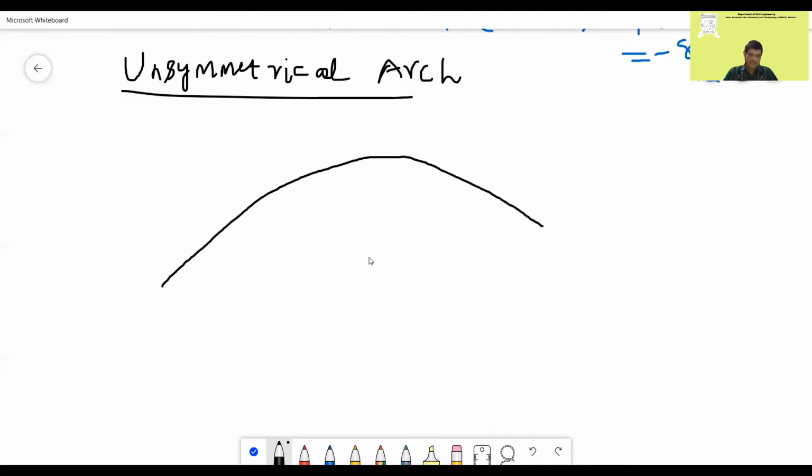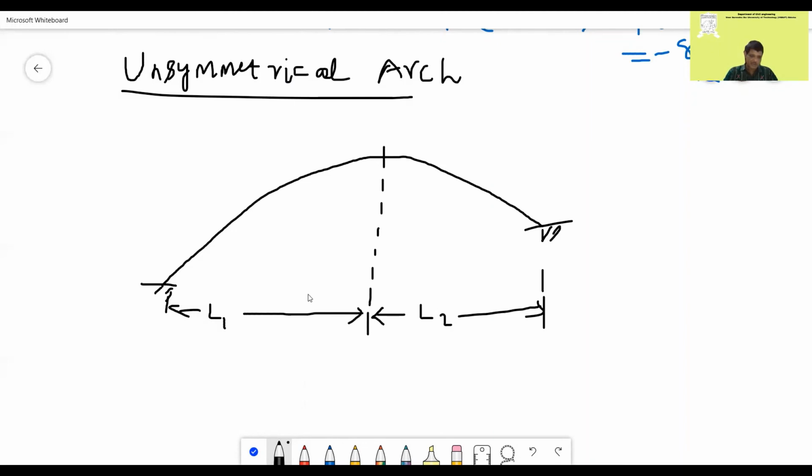Now here, suppose this is the center. This is fixed here. Now this distance is L2. This distance is L1. Now this height is H1 and this height is H2.